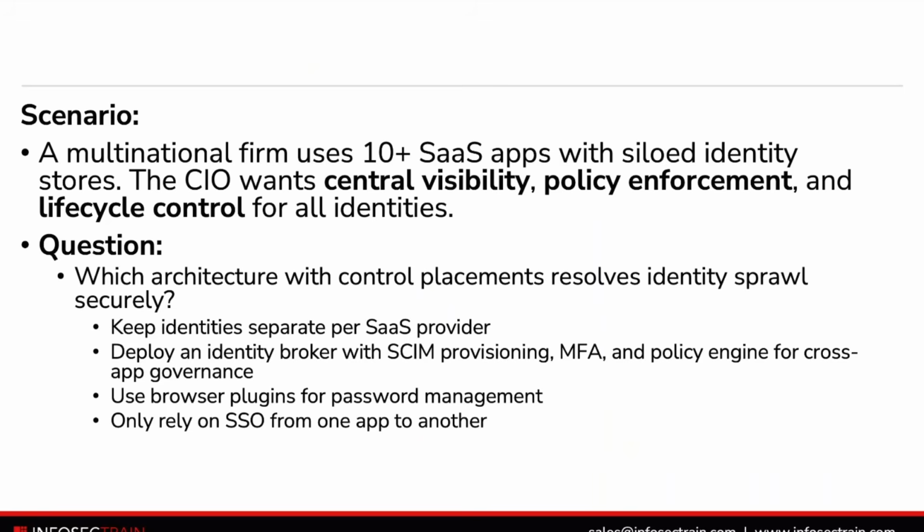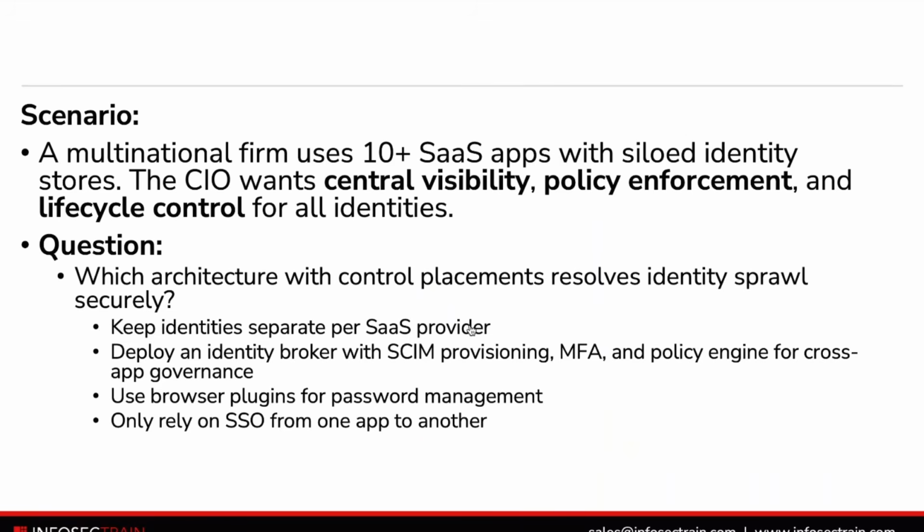So here, the reason why I am going with answer B is because it is covering my A, C and D. I will deploy an identity broker with SCIM provisioning, which will also have my multi-factor authentication.